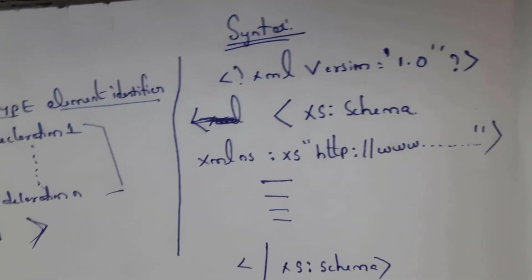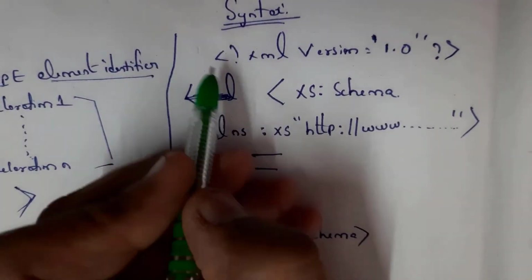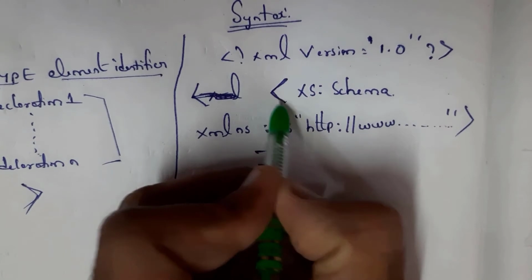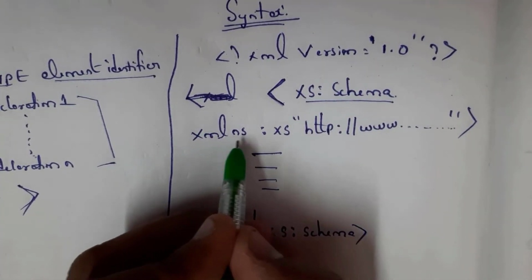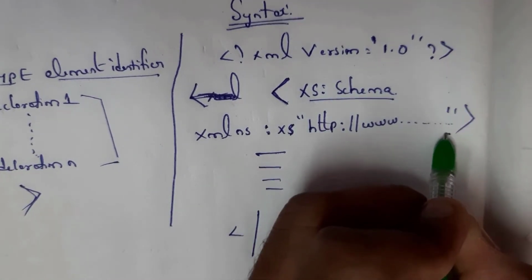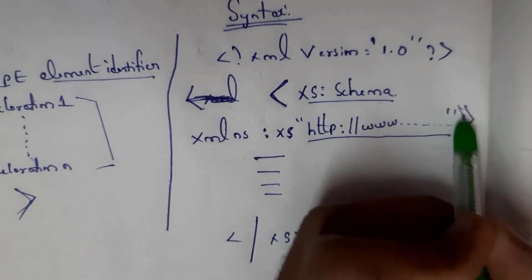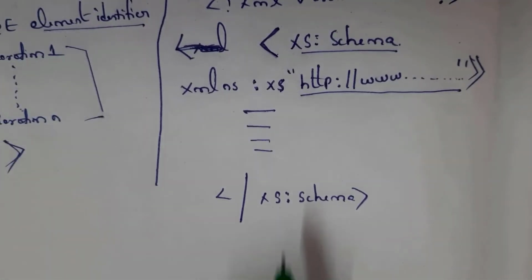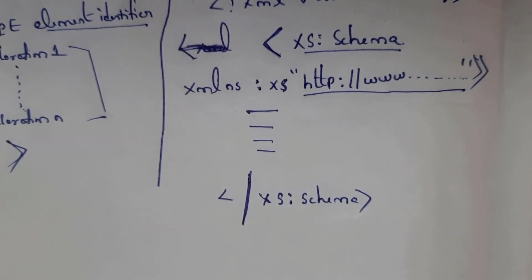See the syntax of XSD. xs:schema, xmlns:xs equals, you have to paste the link here. Similarly, we need to close this XML schema.